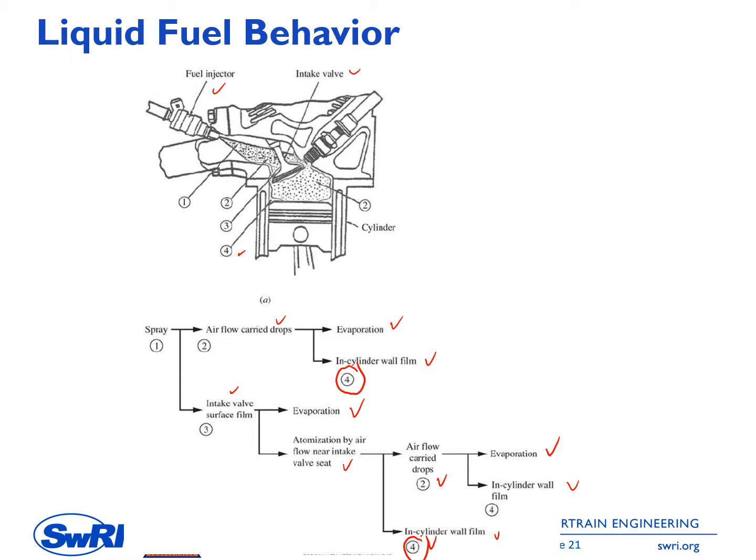Once again, this is one of the sources of unburned hydrocarbon emission. We'll look at this in more detail in chapter 12, I think, when we talk about engine emissions.